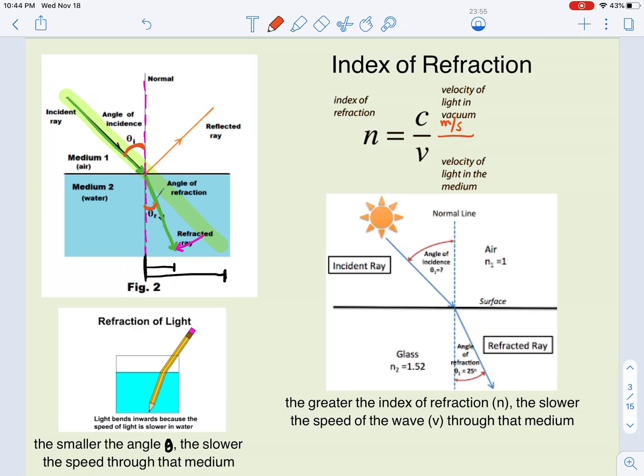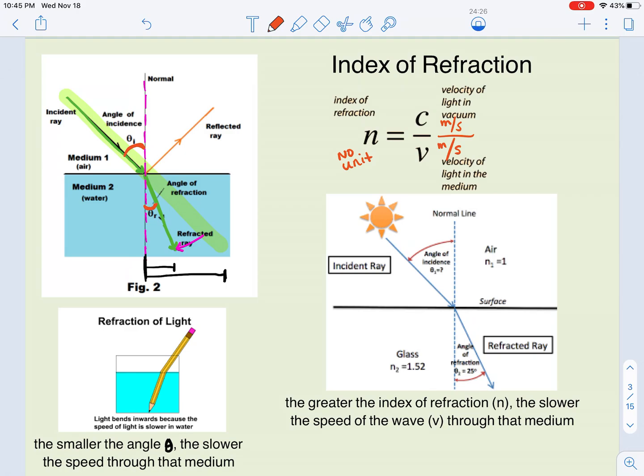So we are going to get a ratio. We like the ratios in this chapter. Of the speed of light, 3 times 10 to the 8th meters per second, divided by the actual speed in water, which I'm just making up, 2.7 times 10 to the 8th meters per second. So when we perform that calculation, our units are going to cancel. This is a ratio, so it's going to give me a value without a unit that's going to show how those two speeds compare.